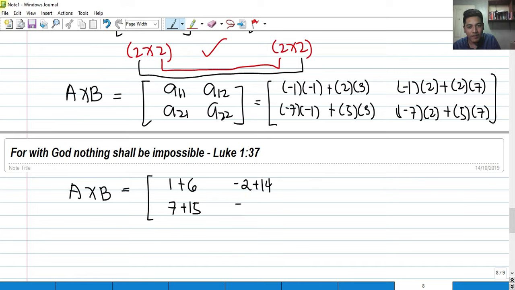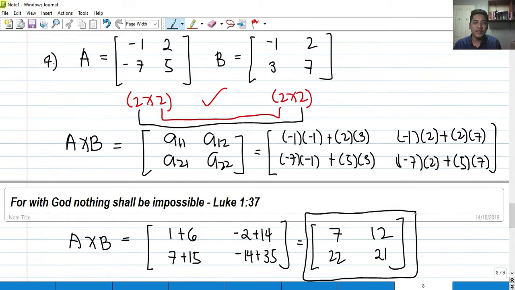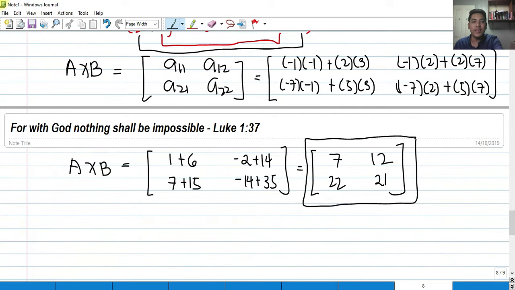We have -14 here plus 35. So if we evaluate that, that should be 7. We have 12 here. 7 plus 15 is 22. -14 plus 35 is 21. So here is our result for that multiplication of our matrix. Okay. So that's it.